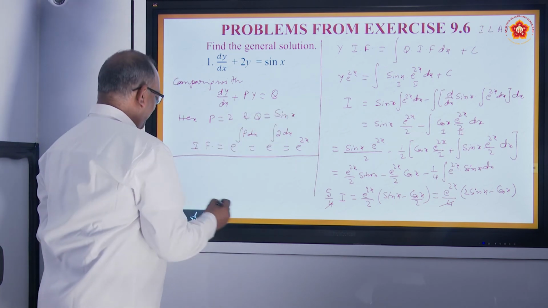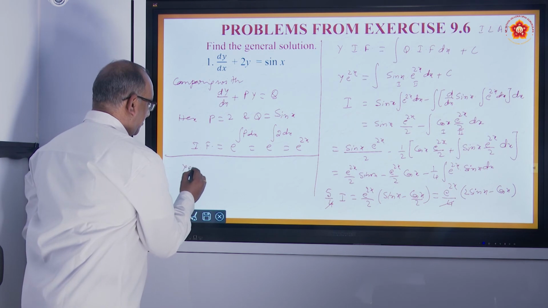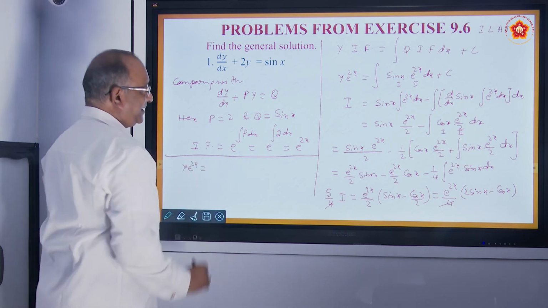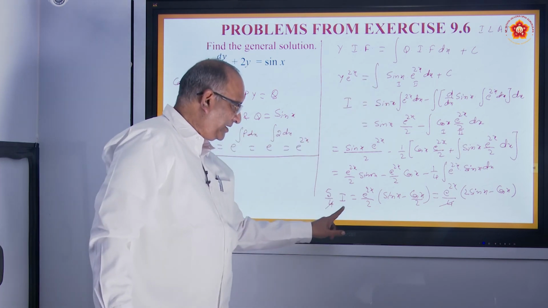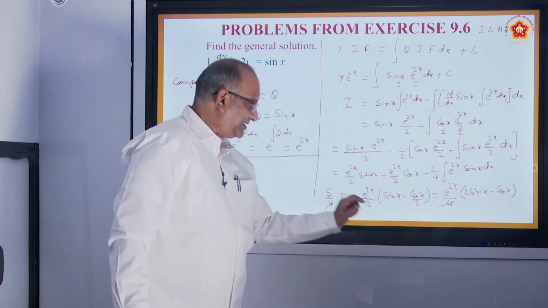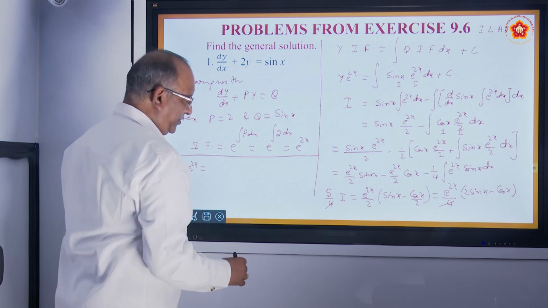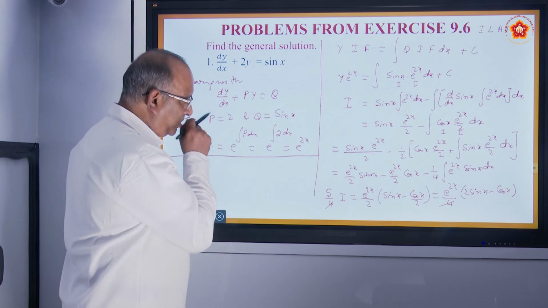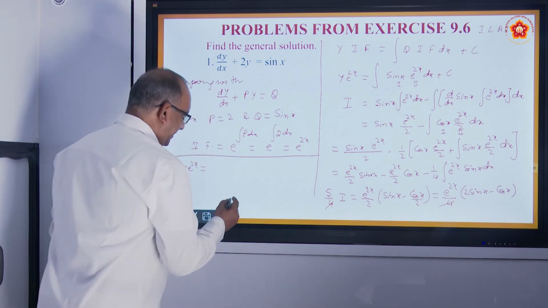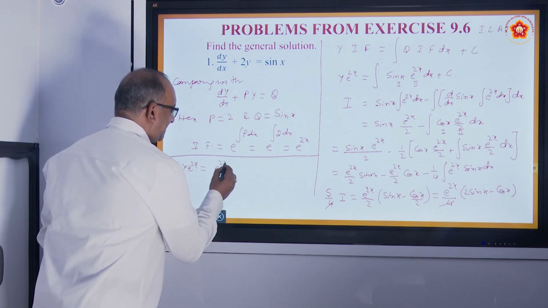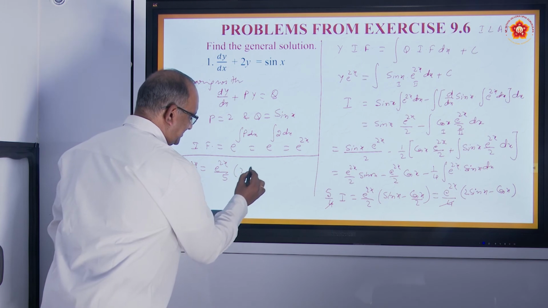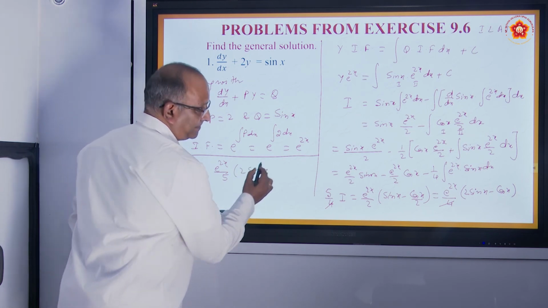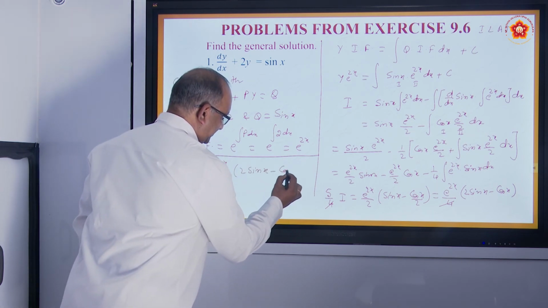y e to the power 2x is equal to this integral. How much is this integral? It is nothing but I. So take this 5 that side, and you are going to get e to the power 2x by 5 into 2 sin x minus cos x.